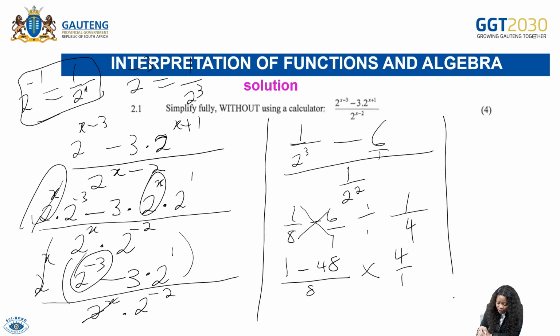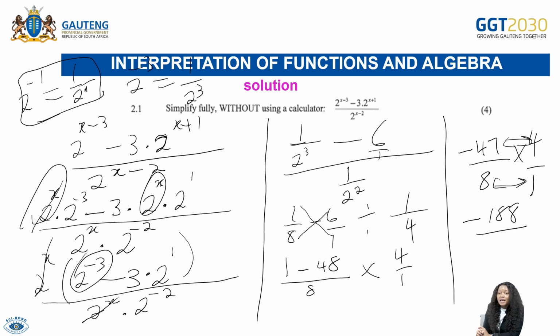From there, 1 minus 48, I'll get minus 47 all over the 8 times the 4 all over 1. Then I can just multiply: you multiply the numerators together, then you multiply the denominators together. So 47 times the 4, I'll get a negative 188 all over the 8 times the 1, I'll get the same 8.